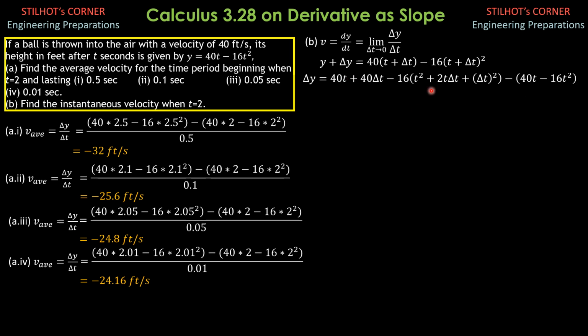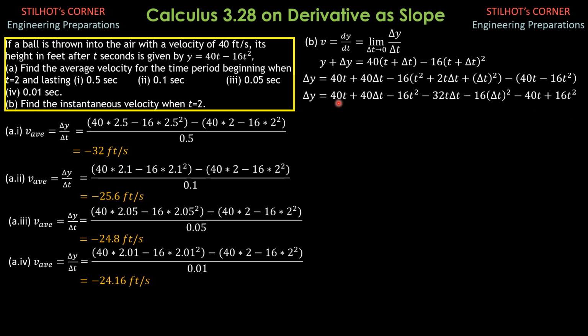So 40t will vanish, and negative 16t squared and positive 16t squared will vanish. So delta y therefore is equal to 40t plus 40 delta t minus 16t squared minus 32t delta t minus 16 delta t squared minus 40t plus 16t squared.